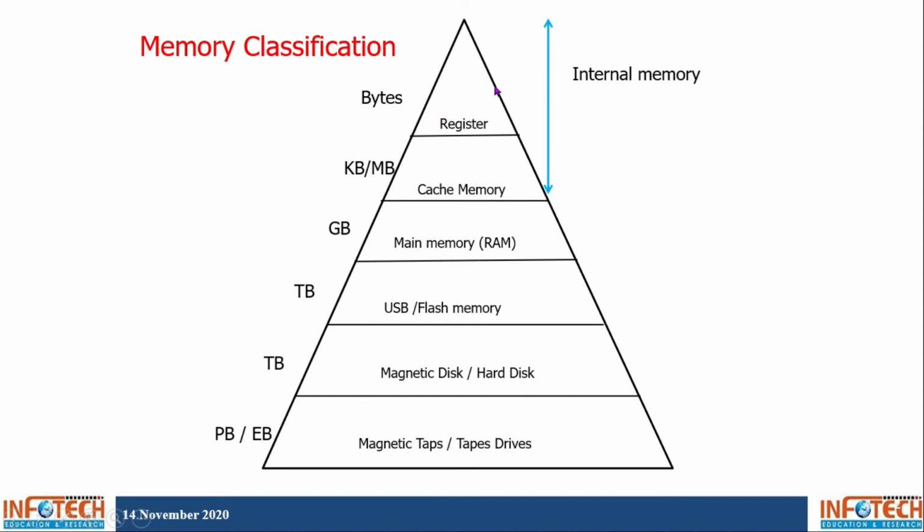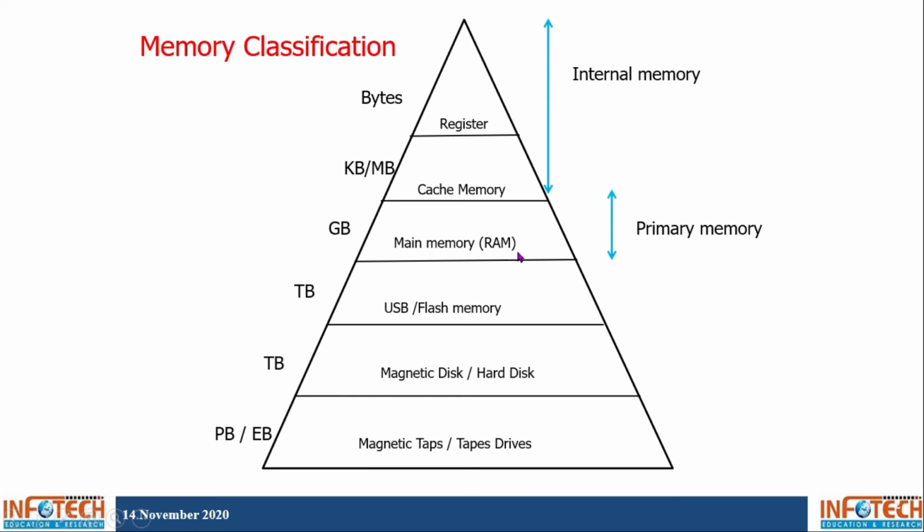Initially, the register and cache memories are the first levels. We can say the first two levels are internal, because they are directly attached to the CPU. Second is the primary memory, the RAM, which is volatile: 4 GB, 8 GB, 16 GB.